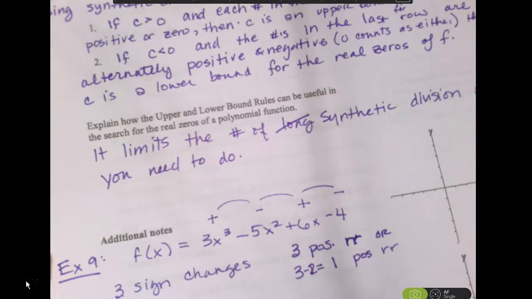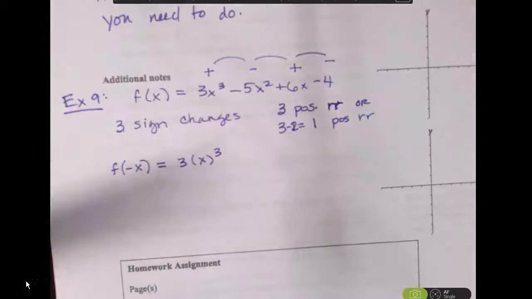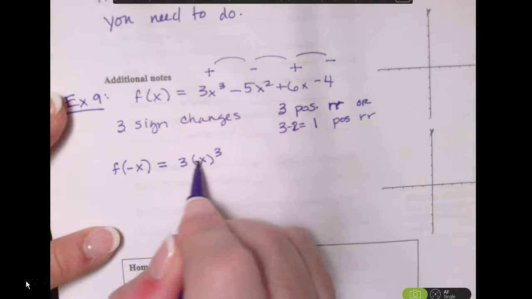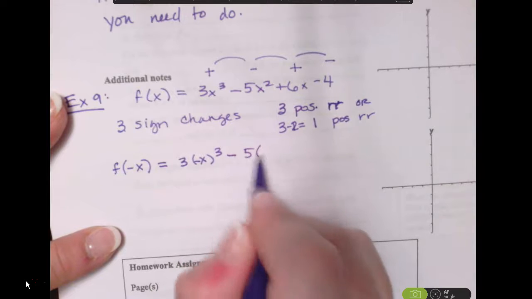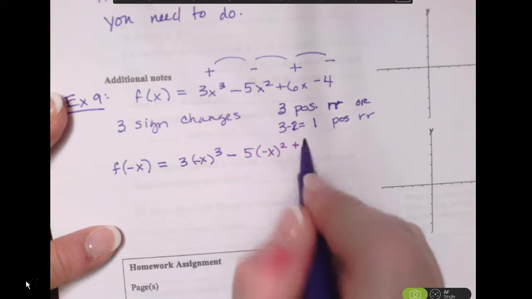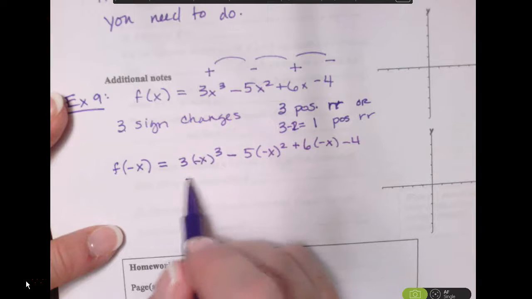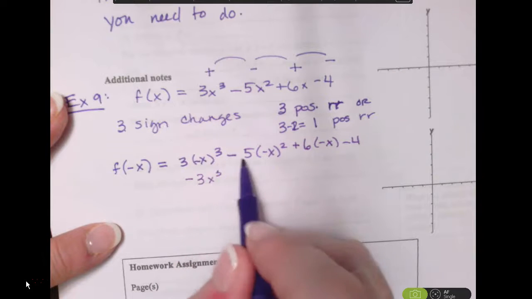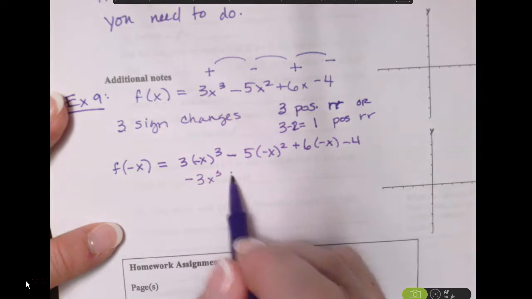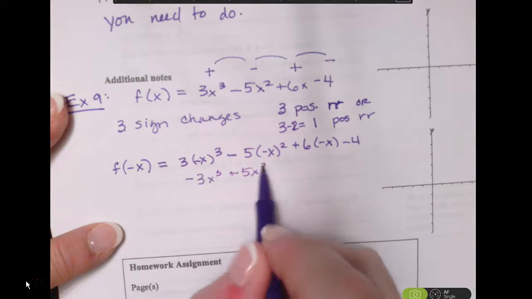Then I'm going to plug in f of negative x. So I'm going to plug it in and show the steps first. So f of negative x, and then negative x cubed, it's negative 3x to the third. This is positive, so that one doesn't change.